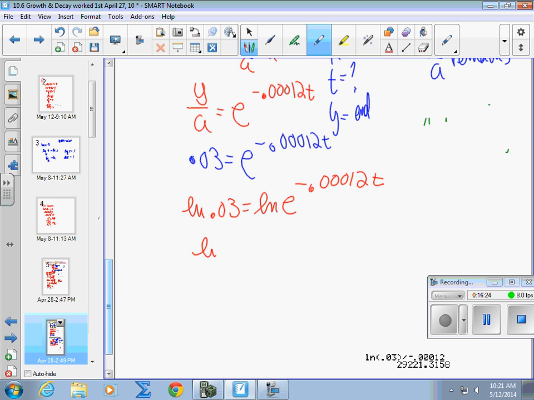So I have ln of decimal 0.03 is equal to negative decimal 0.00012t times ln of e. What did we say ln of e was equal to? 1. So what am I going to divide by?